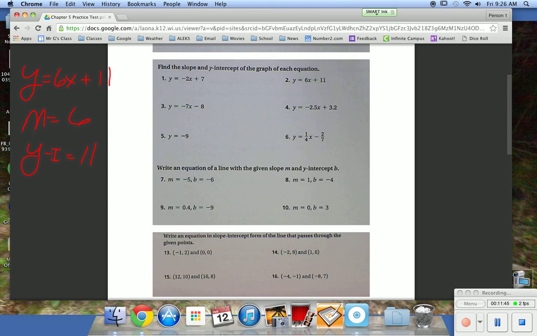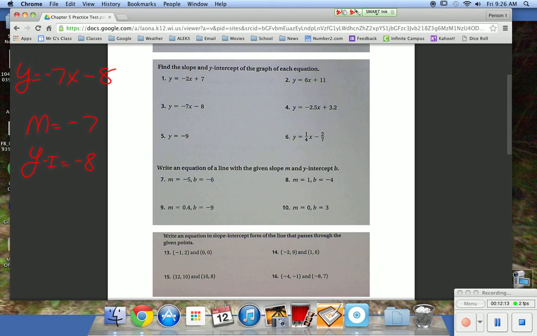I think I could probably hit you on one here. Ben. Y equals negative 7x minus 8. What's my slope? Negative 7. What's my y-intercept? All right.